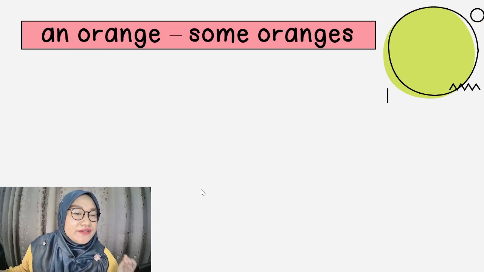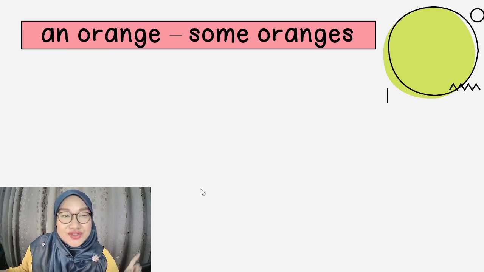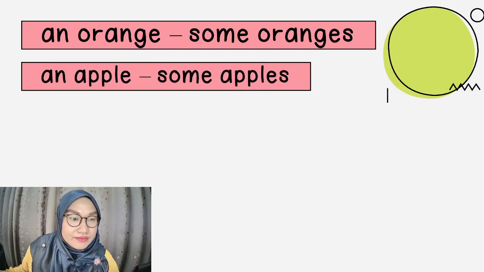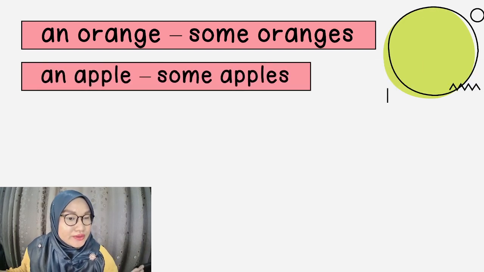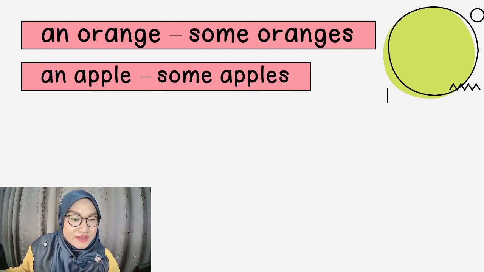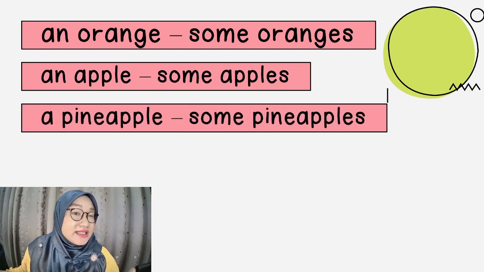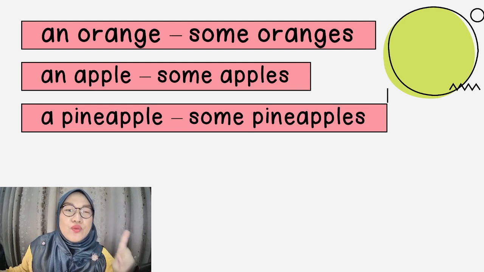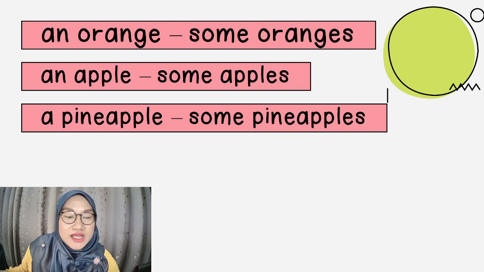Okay, so the first one you can write an orange dash some oranges, an apple dash, kalau ada banyak apple, some apples, then a pineapple for one, and if you have more than one pineapple, it will become some pineapples.